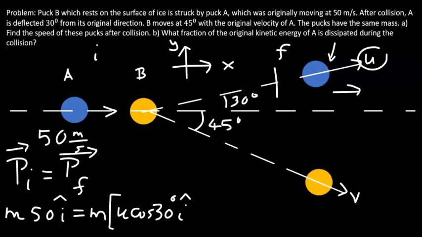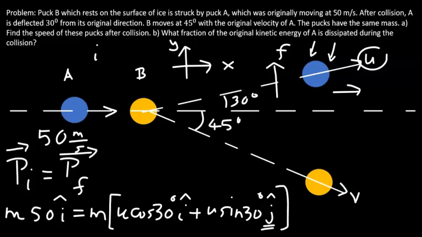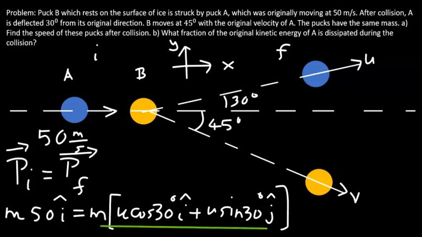The y component is going that way. Now we are just looking at the blue object, the puck A. So the y component of its velocity is u sine 30 degrees j hat, where j hat is a unit vector along the positive y direction. So this term represents the momentum of puck A after collision.